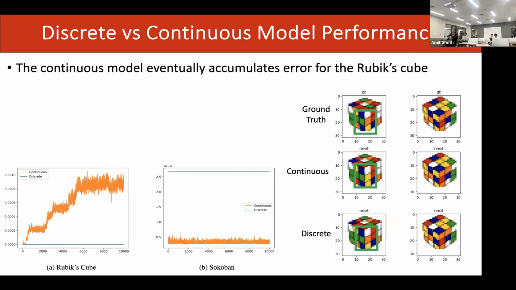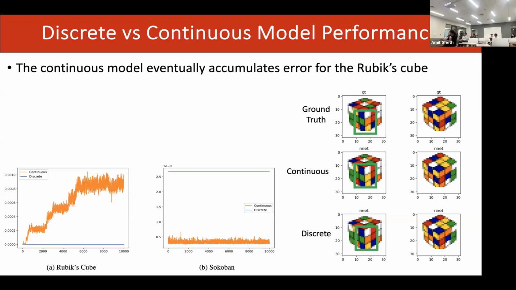We see here that if we just train it to directly predict the RGB images, we actually accumulate errors. You can see these are the errors accumulating over time for the number of steps you take for the Rubik's Cube. This error accumulates for the continuous one, but not for the discrete one.